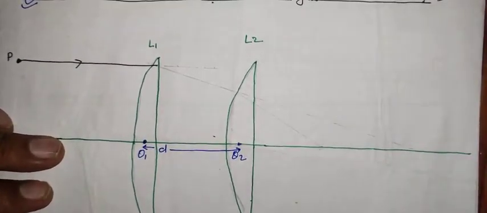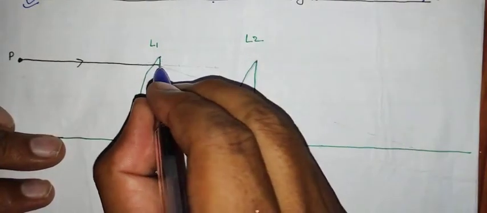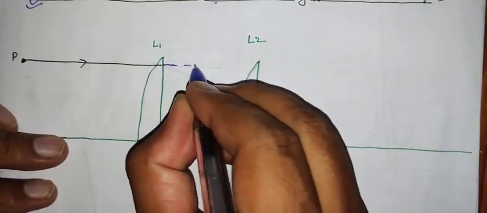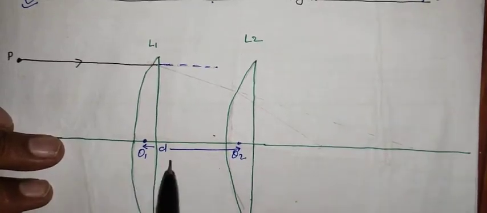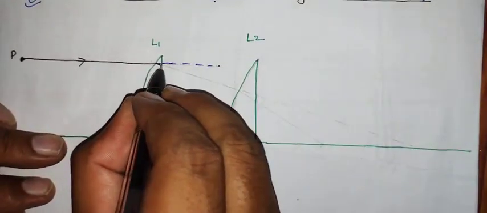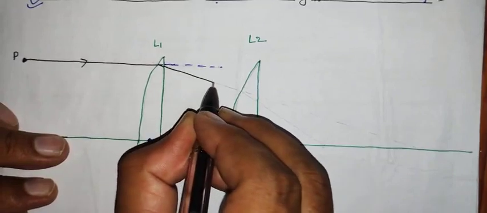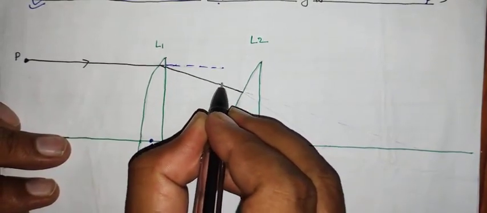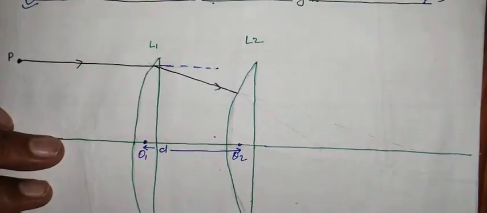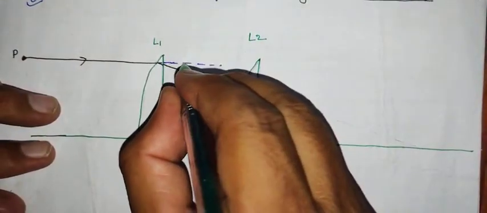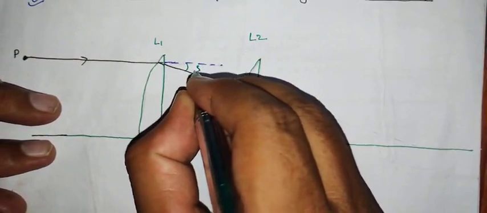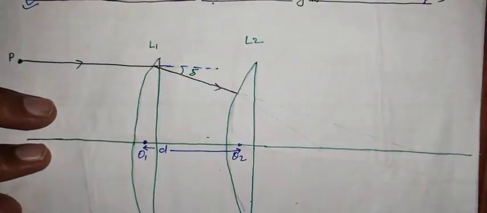If the plano-convex lens were not here, it would go in this direction, but because of this plano-convex lens, let it be refracted in this direction, and let the angle of deviation be denoted by delta.